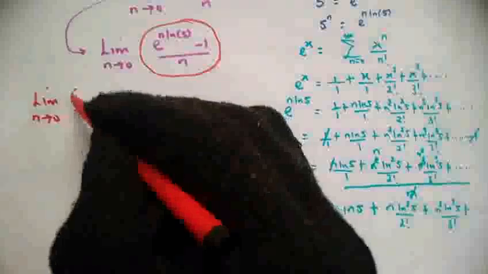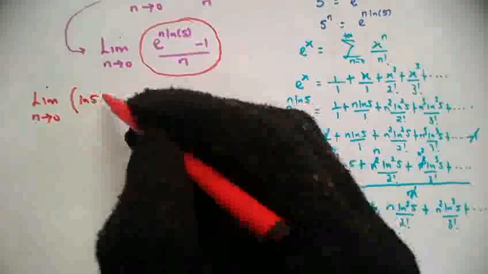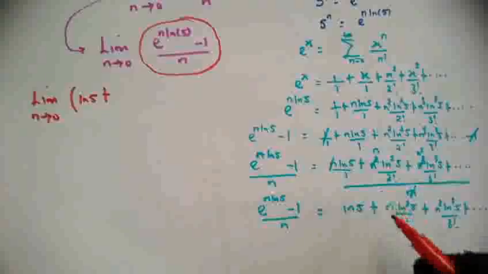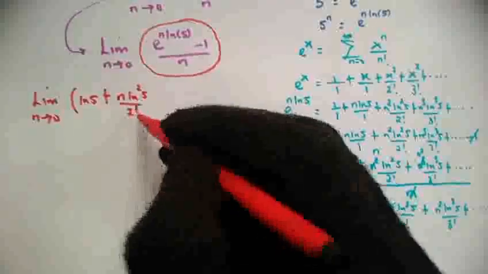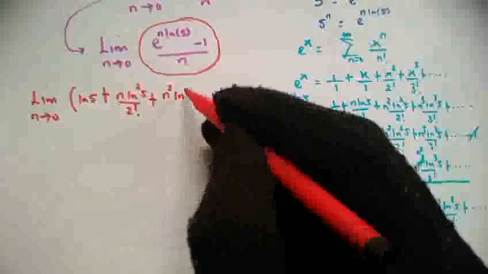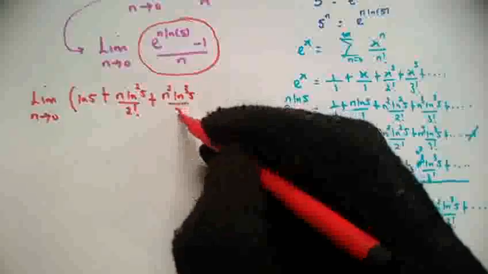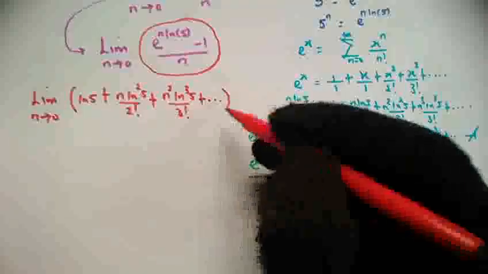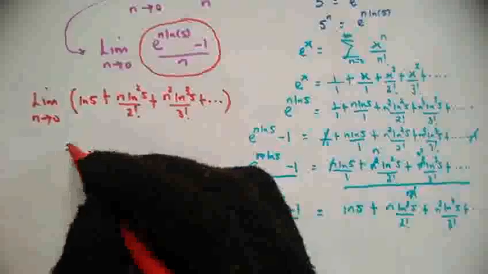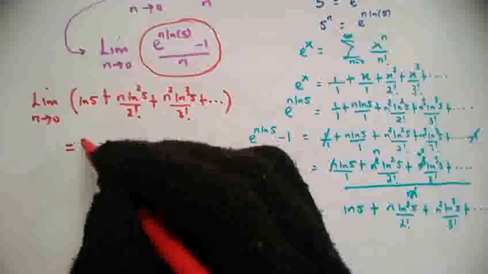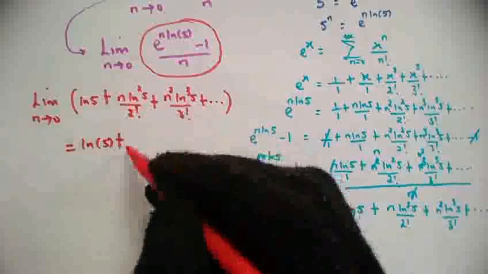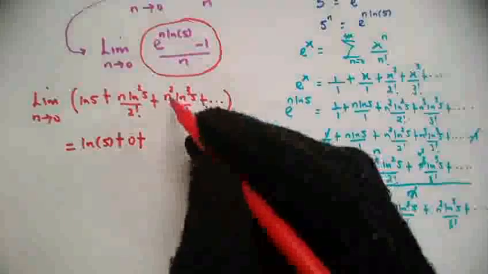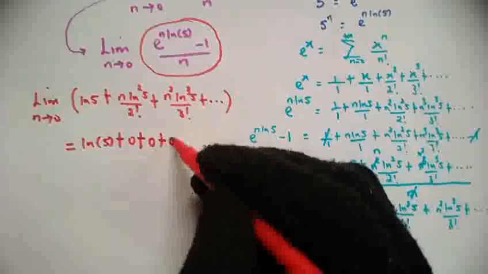So we have the limit as n approaches 0 of the natural logarithm of 5 plus n times the natural logarithm of 5 squared over 2 factorial plus n squared times the natural logarithm of 5 cubed over 3 factorial plus and so on. Since n is approaching 0, every term with n goes to 0.